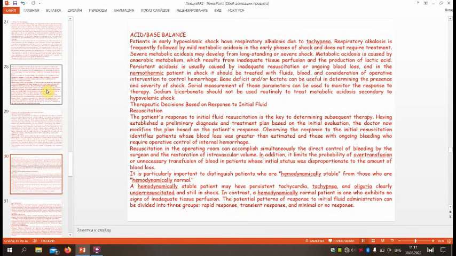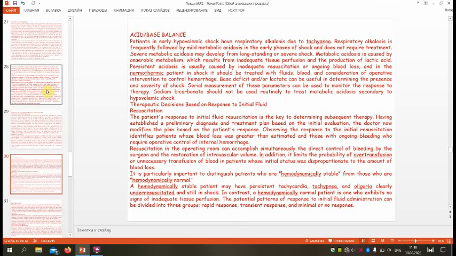Therapeutic decisions based on response to initial fluid resuscitation. The patient's response to initial fluid resuscitation is key to determining subsequent therapy. Having established a preliminary diagnosis and treatment plan based on the initial evaluation, the doctor now modifies the plan based on the patient's response.